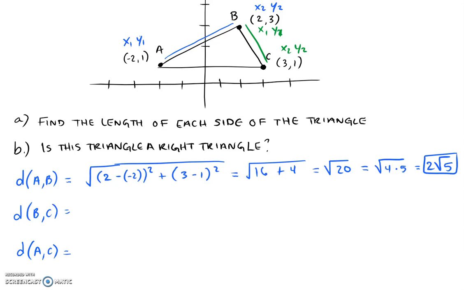You could really name them whatever you want, but I'm just trying to keep the same convention that we're going with here. So that's how we'll do it from here. Again, we're just going to use those values and plug them into the distance formula, which will basically be 3 minus 2 squared plus 1 minus 3 squared.